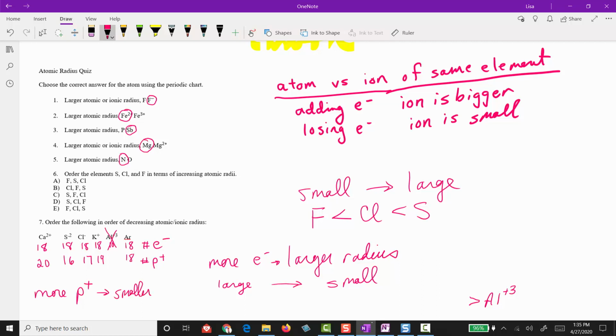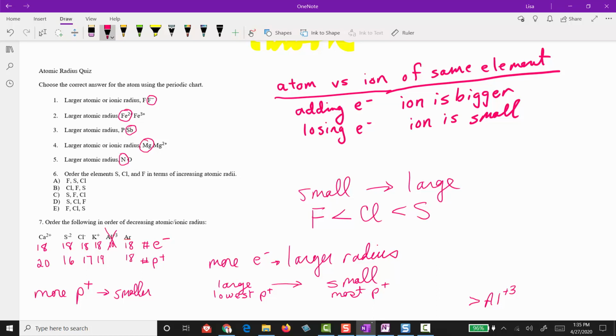They have the same number of electrons, but you've got more attractive force from the protons pulling it in. Here's another way to think about this, and this is good to do on a test. Large is lowest protons. Smallest is going to be the ones with the most protons.